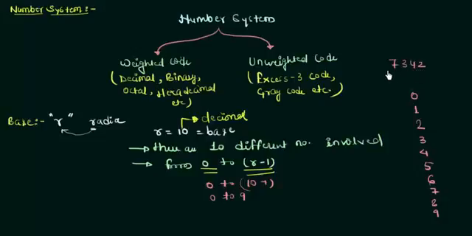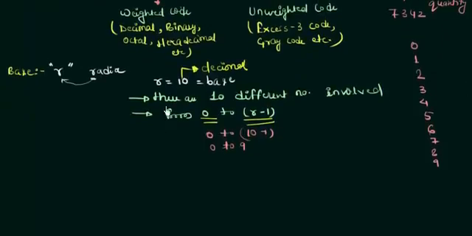So by arranging them, we are having a particular quantity, 7,342. It can be anything. It can be money, water in liters, distance, it can be anything. So it shows a quantity.